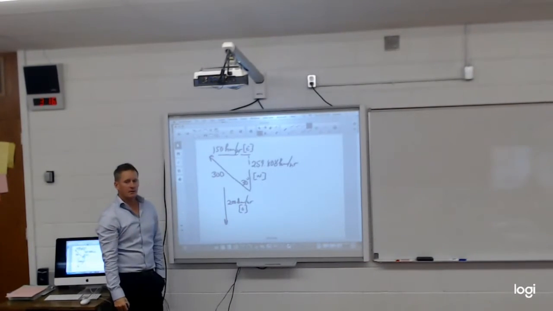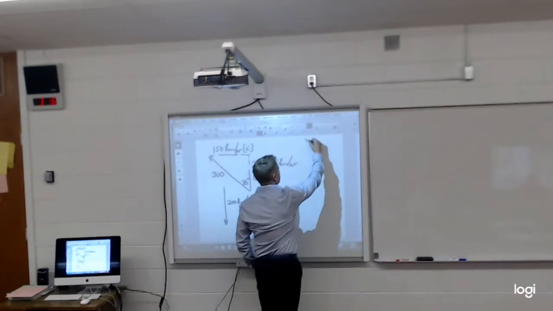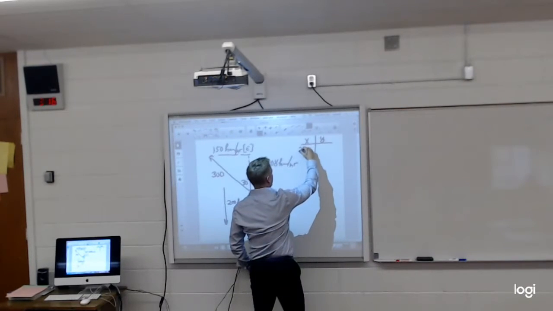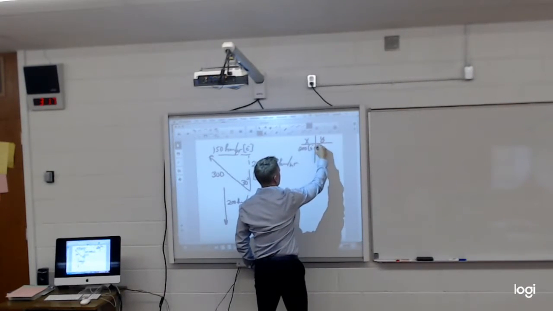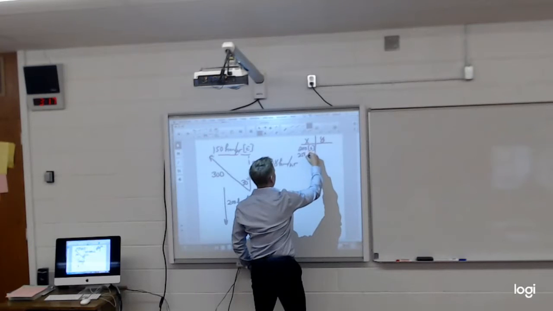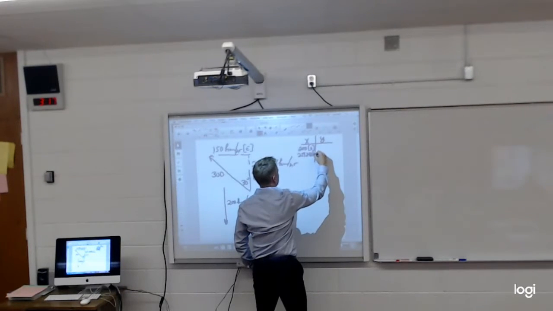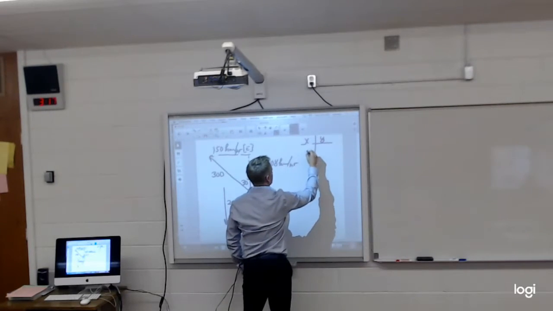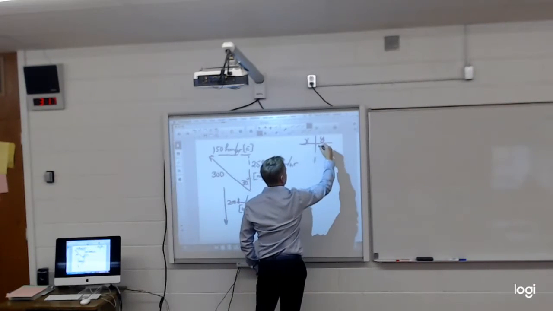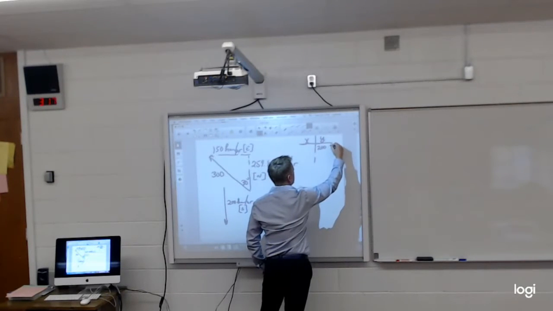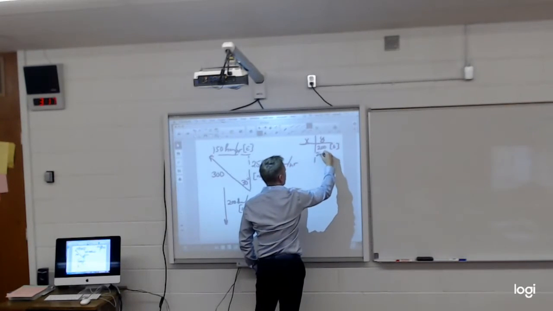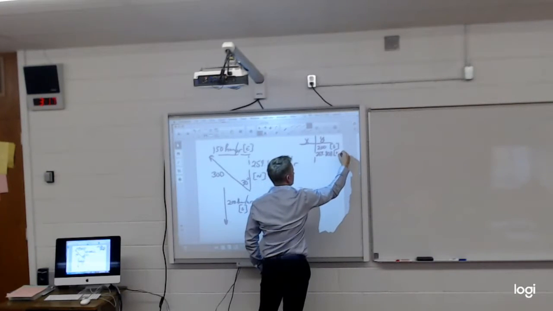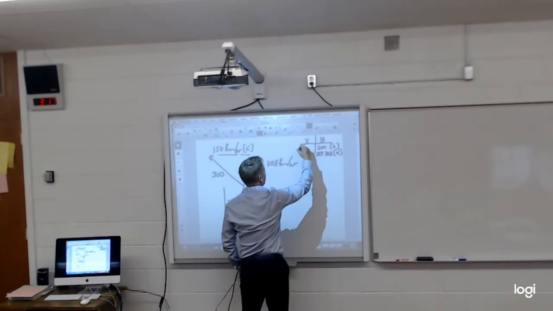Using my little chart right now, I have 200 south, 259.808 to the north, and 150 to the east.